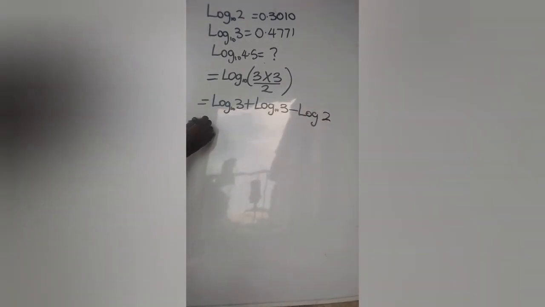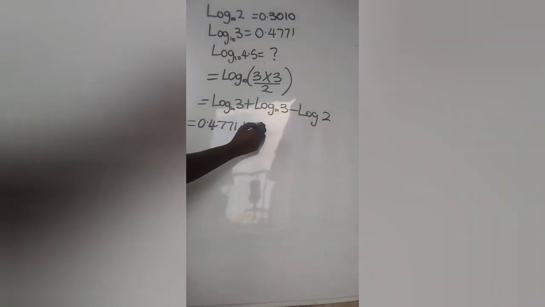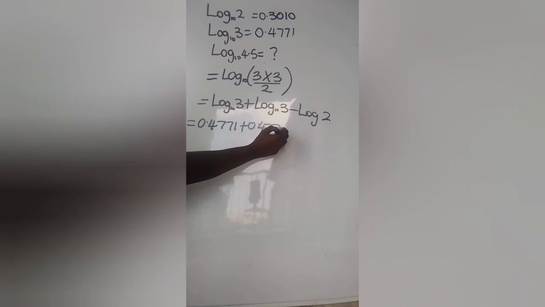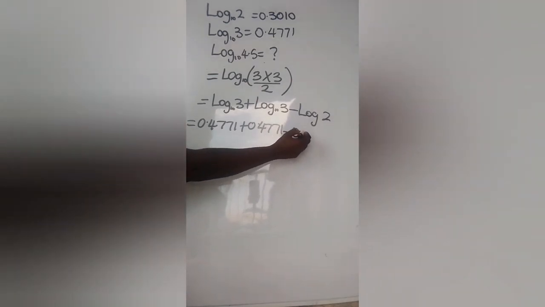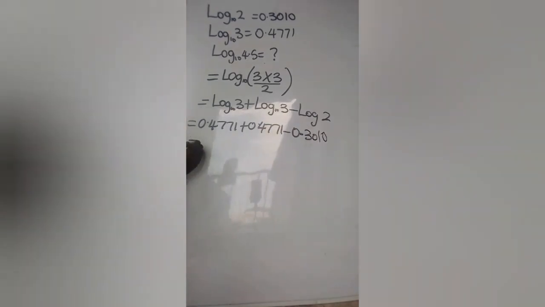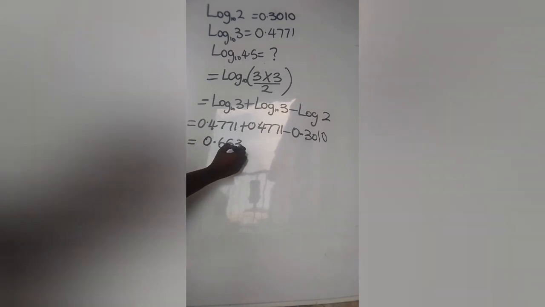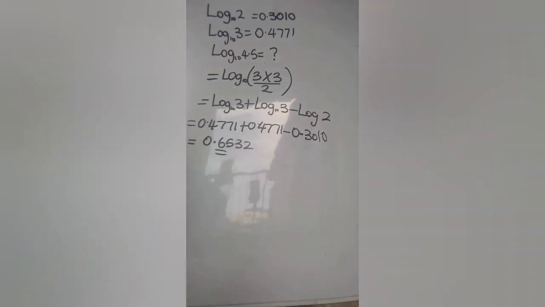And log 3 is 0.4771 plus 0.4771 minus 0.3010. When you add these and subtract, we get 0.6532. This means that log 4.5 base 10 is equal to 0.6532.